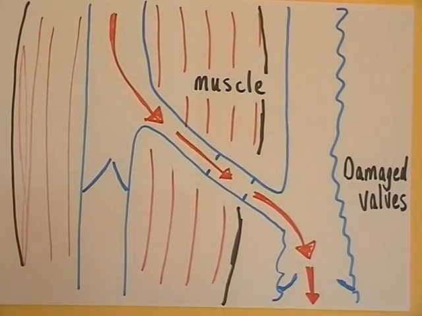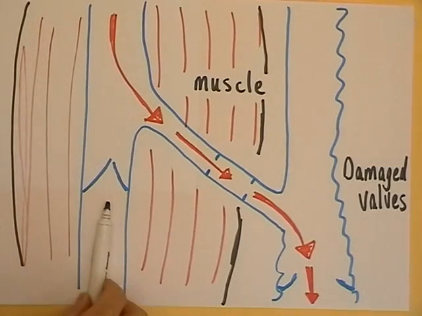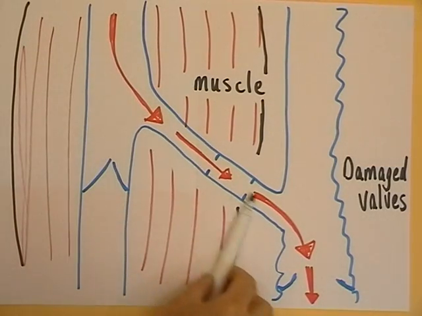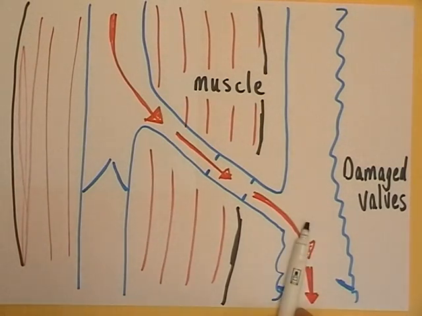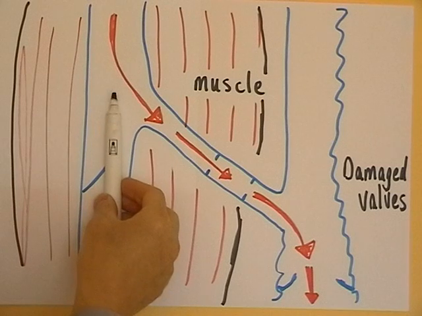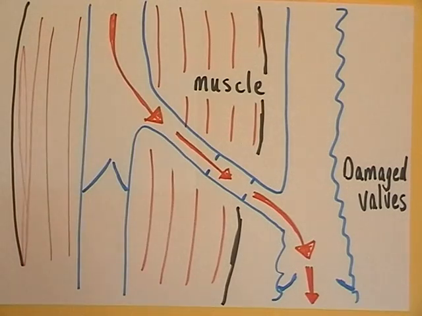Now it's interesting to note one of the effects if there is any pathology or damage to these veins. So here we have the deep vein as before, here we have the communicating or perforating vein, and here we have the superficial vein. Now remember, in the normal physiological situation, the blood is supposed to go from the superficial vein to the deep vein to be returned to the centre.